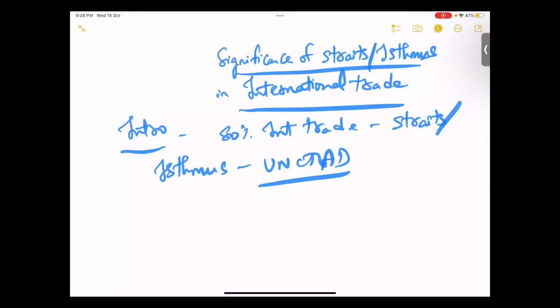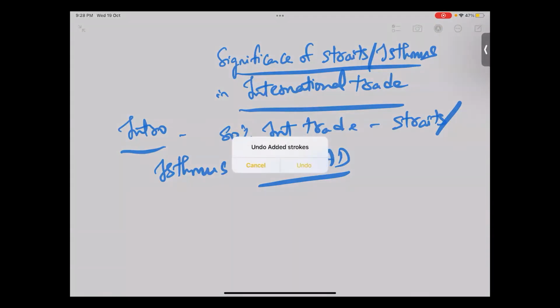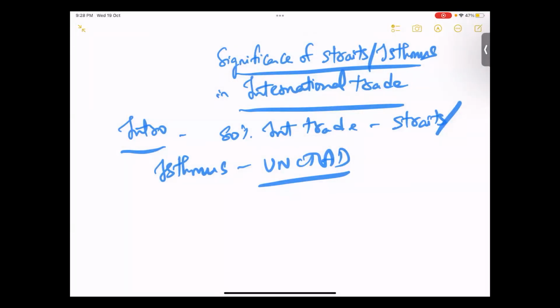You can start your introduction with these kind of punchlines. If you don't remember such stats, this is introduction 1. This is a punchline introduction where you are informing the examiner that you know certain stats. Definitely impressive. Second is the conventional way of writing the definition of a strait.